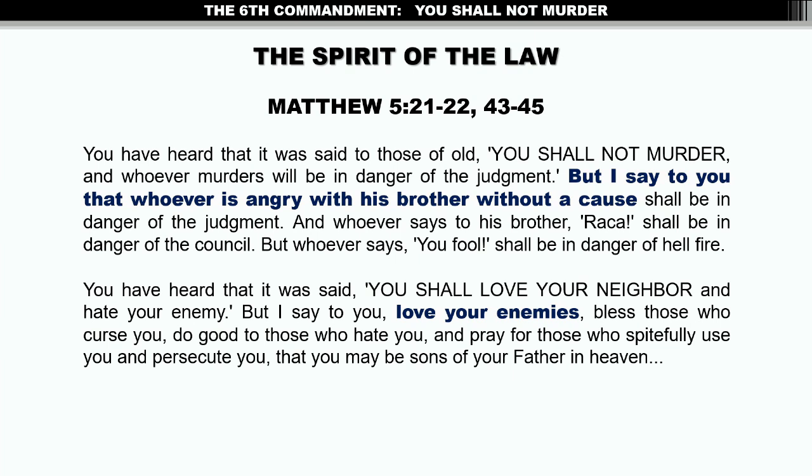Instead, Jesus reminds that in the sense God means it, all people are our neighbours, even our enemies. To truly fulfill this law, we must love, bless, do good, and pray for our enemies, not only our friends. Jesus understood that we will have enemies, yet we are to respond to them in love, trusting that God will protect our cause and destroy our enemies in the best way possible by transforming them into our friends.